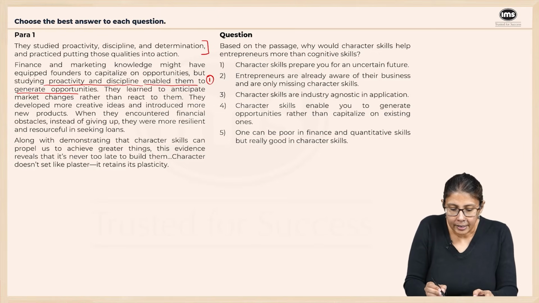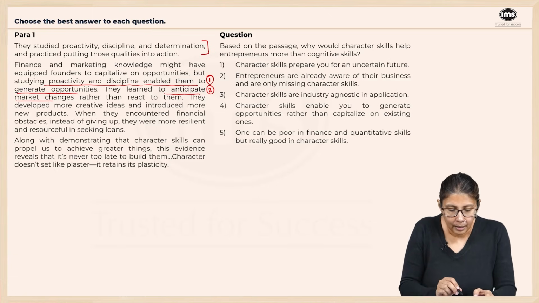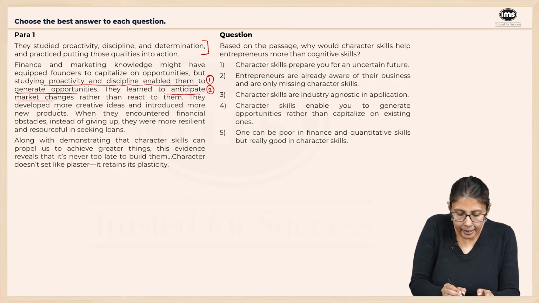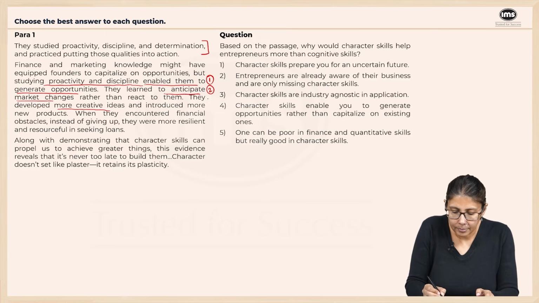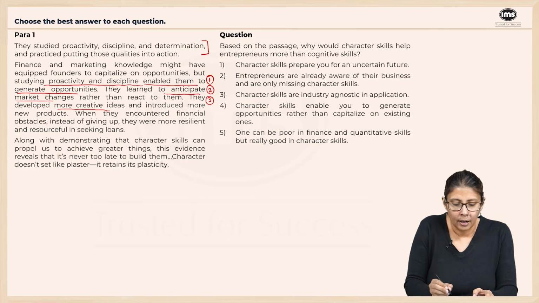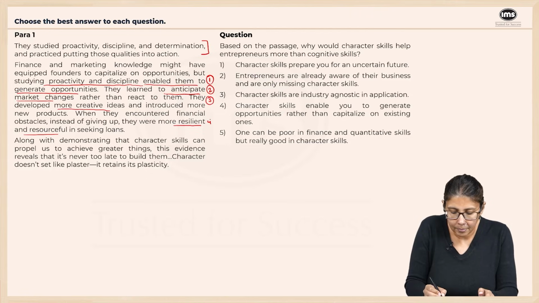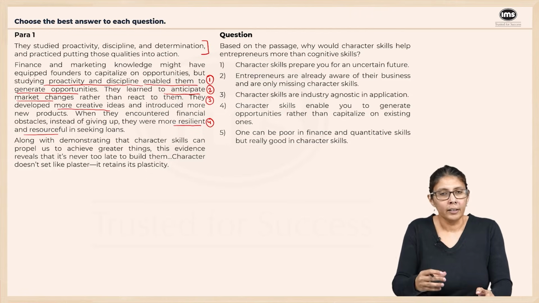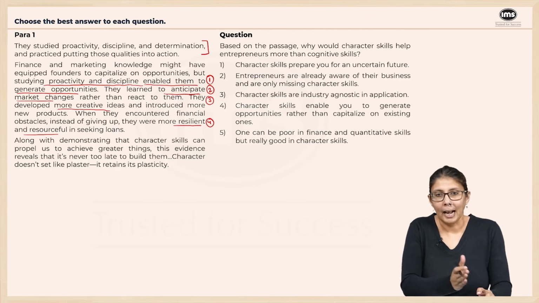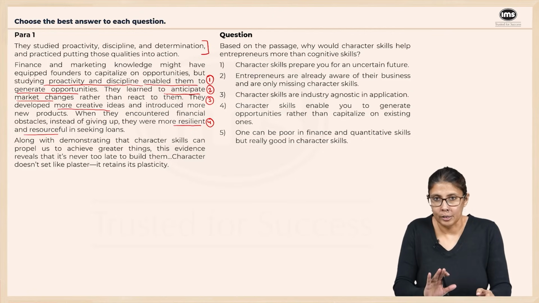They learned to anticipate market changes. So, maybe the second thing, maybe it's the same thing. They developed more creative ideas. When they encountered financial obstacles, they were more resilient and resourceful. Right? So, these are the 4 things that happened as a result of character skills training.